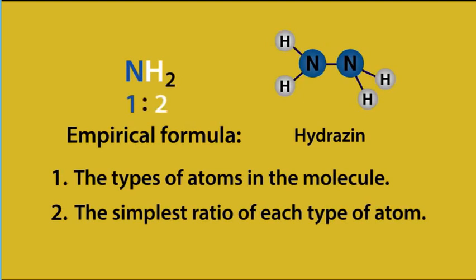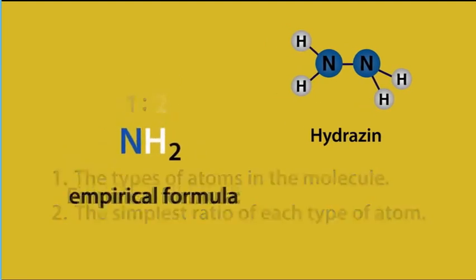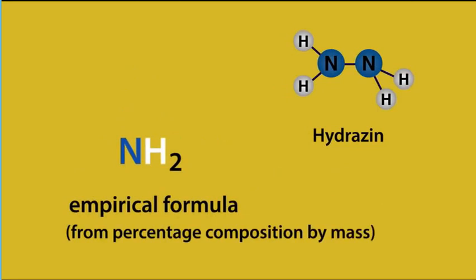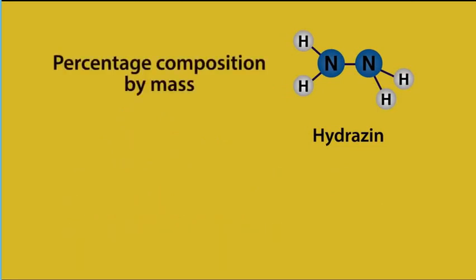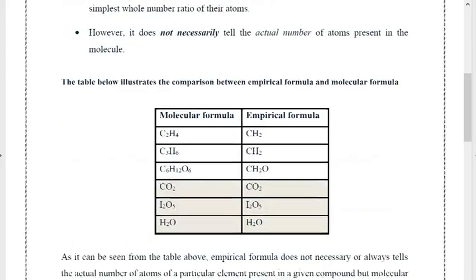The best way to find the empirical formula from percentage composition by mass is to go over a question. Upon analysis, the percentage composition by mass of a compound was found. Right, so let me stop it a bit here. You find that in our notes.